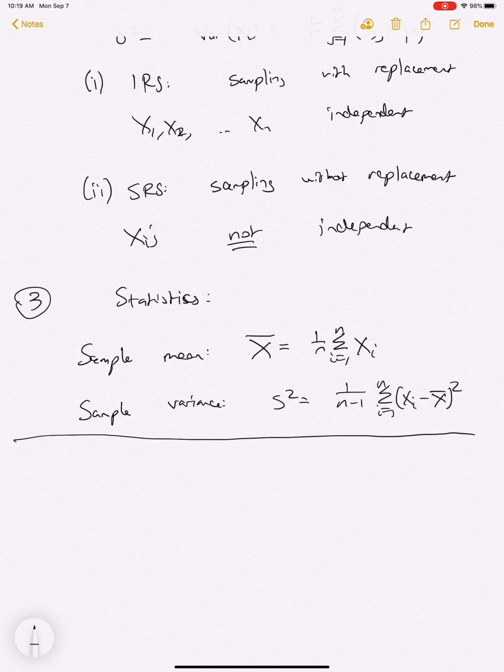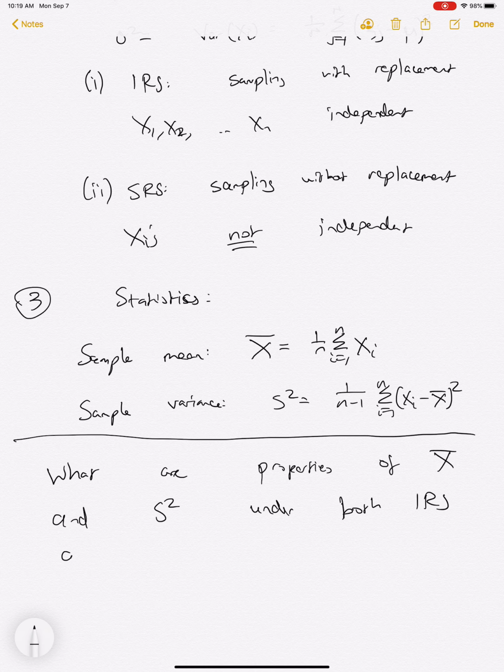So the key question we're going to address today is: what are the properties of x bar and s squared under both IRS and SRS?